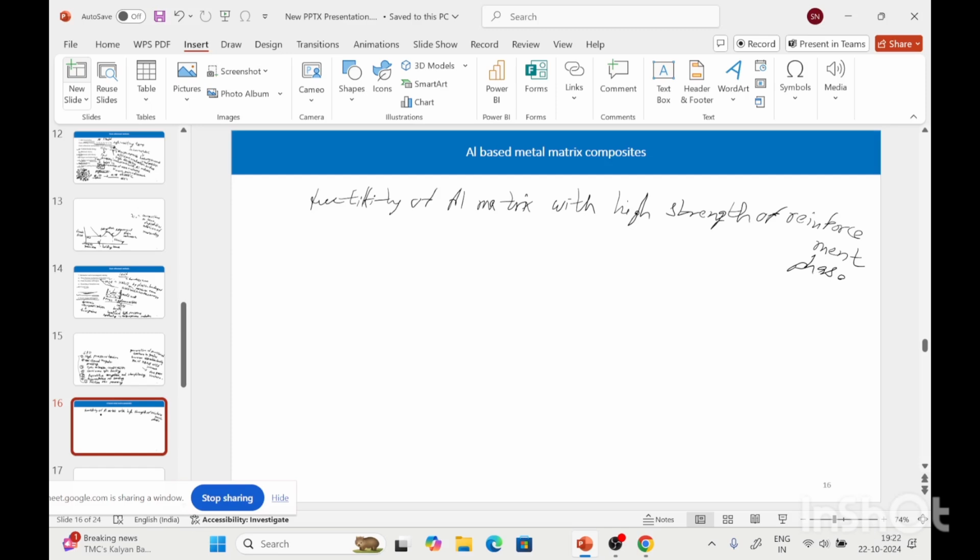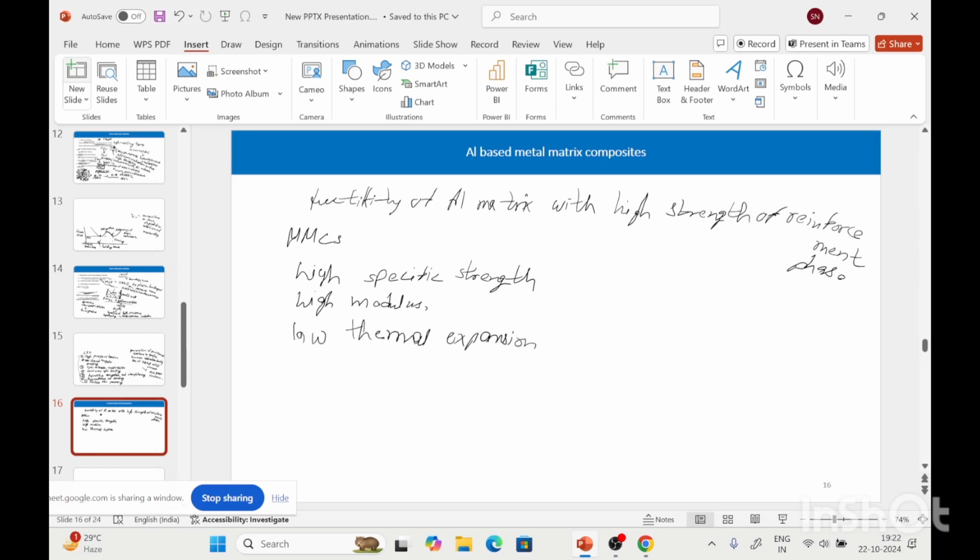So the metal matrix composites have high specific strength, high modulus, low thermal expansion coefficient, and high wear resistance.